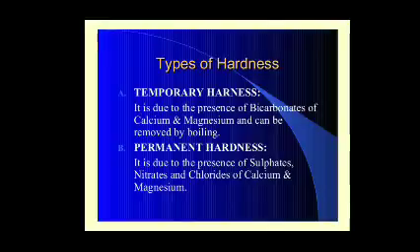Temporary hardness is caused by calcium bicarbonate Ca(HCO3)2 and magnesium bicarbonate Mg(HCO3)2. These salts present in water cause temporary hardness. This temporary hardness of water is removed by the boiling method.